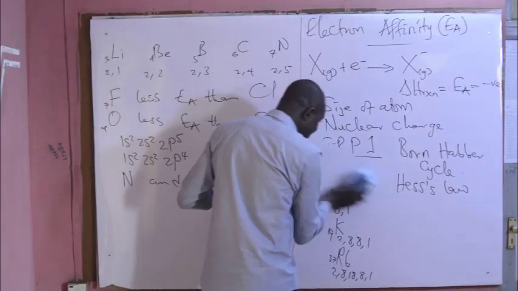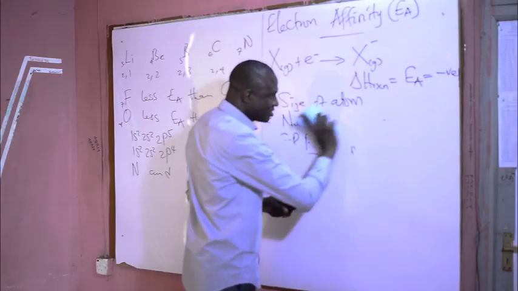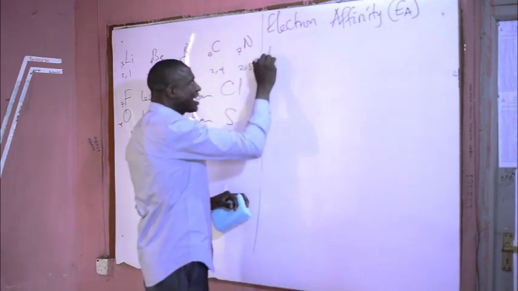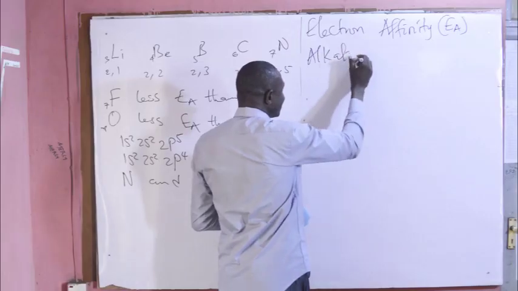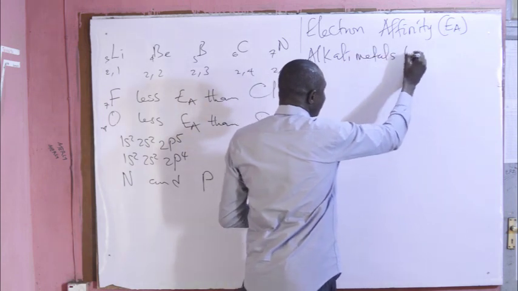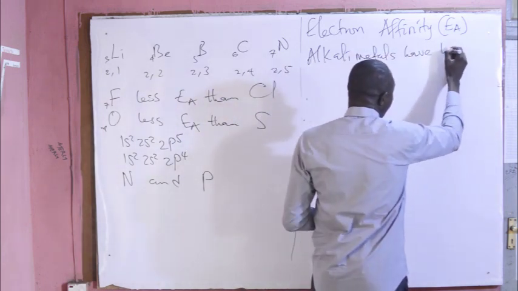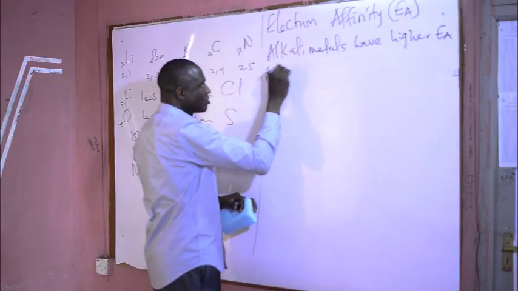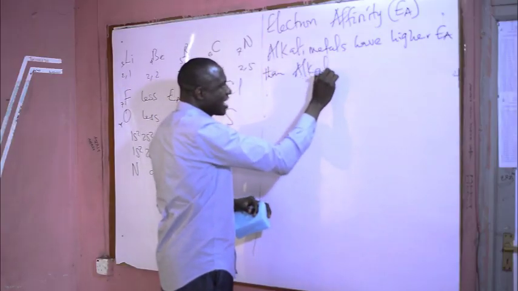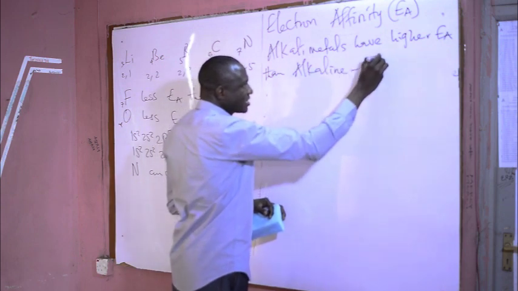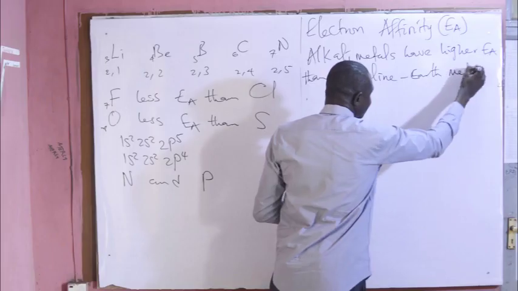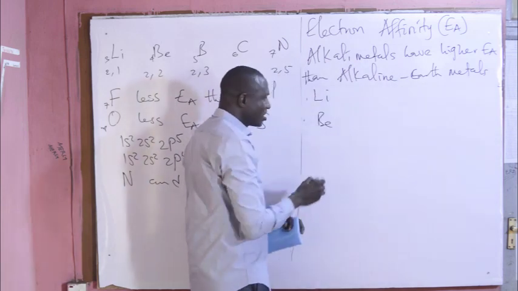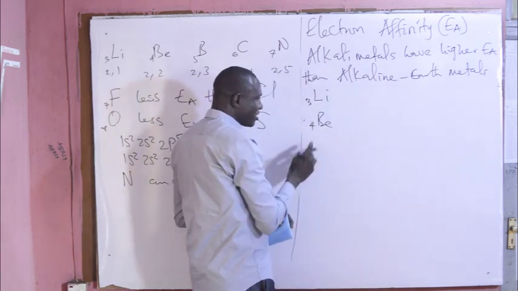Another observation that one needs to explain is that we must be able to give reasons why alkali metals have higher electron affinity than group 2 elements, which are alkaline earth metals. Why? Take for instance lithium and beryllium: lithium has atomic number 3, beryllium atomic number 4.